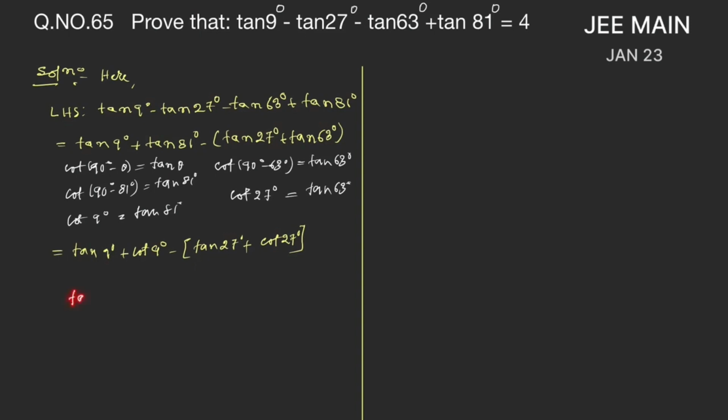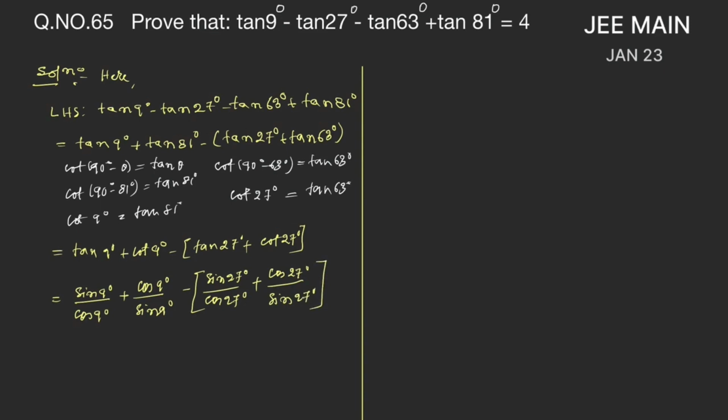So we know that tan theta we are able to write sin theta by cos theta, and cot theta we are able to write cos theta by sin theta, equal to sin 9 degree divided by cos 9 degree plus cos 9 degree divided by sin 9 degree minus sin 27 degree divided by cos 27 degree plus cos 27 degree divided by sin 27 degree.